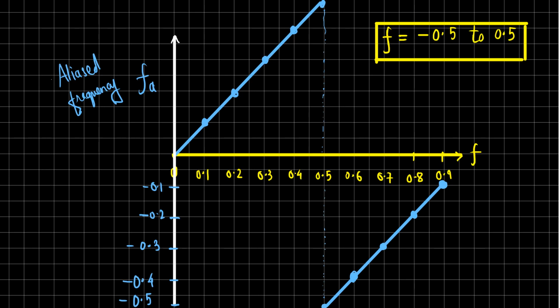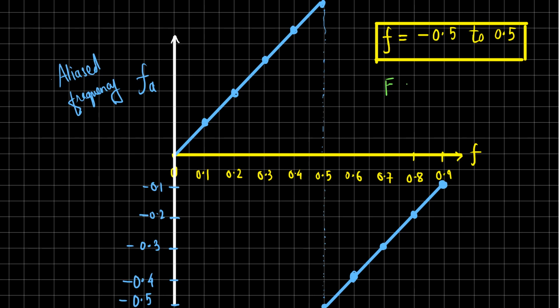Well, this wasn't the case with capital F. The capital F, that was analog frequency, was not having such a restriction. In fact, capital F can be varied from minus infinity to plus infinity, as long as the system can handle.